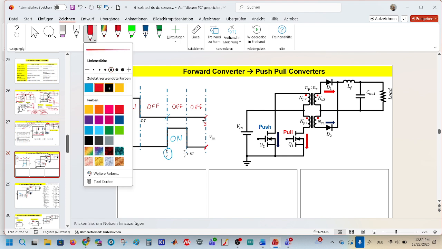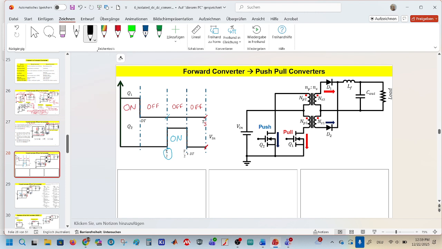Maybe just write it. This is called mode 1, and we will show this period of time as mode 3, and this would be mode 2.